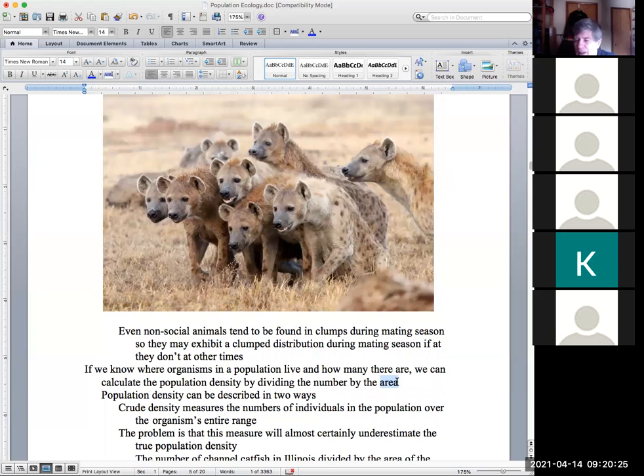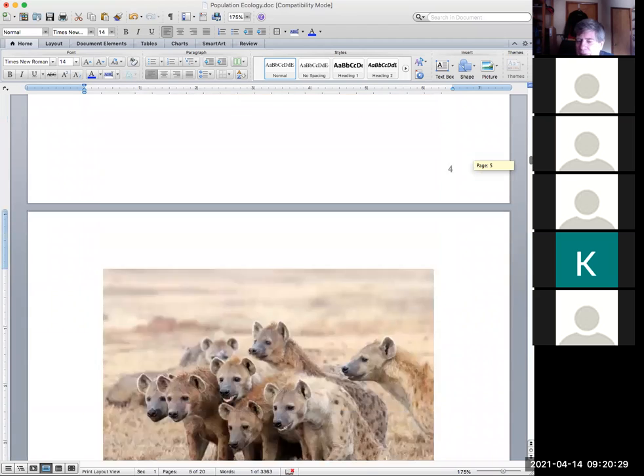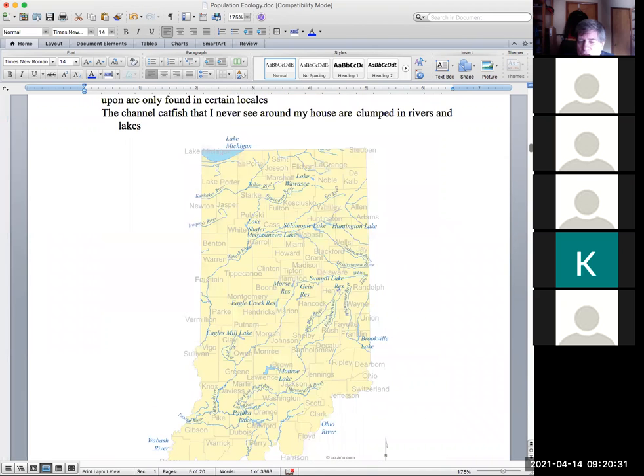If we think about our channel catfish. If we have a fish and this fish is limited to Indiana, we could count the number of fish or estimate it. We probably couldn't count every fish, but we could count the number of fish and we could divide by the area of Indiana.